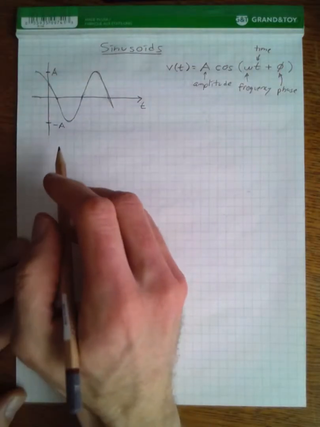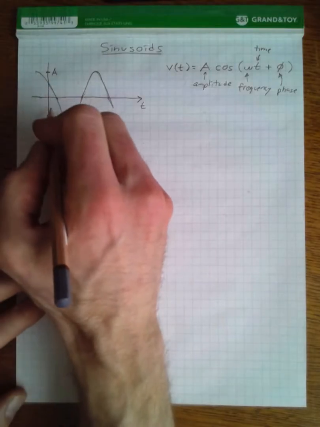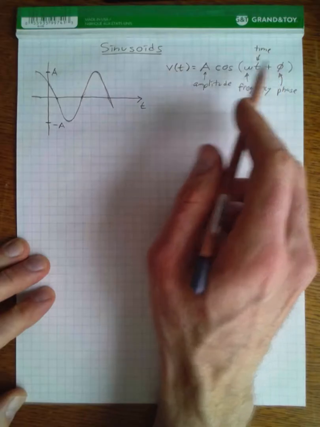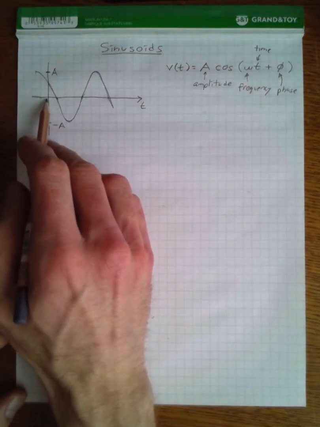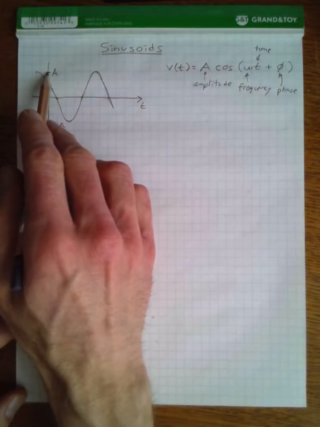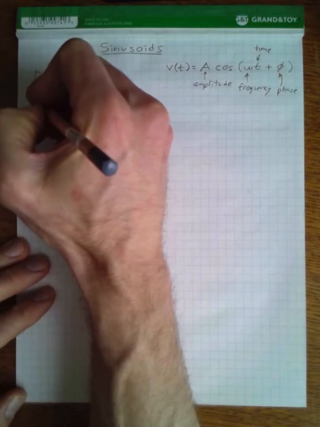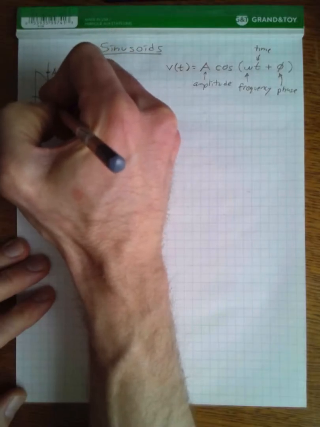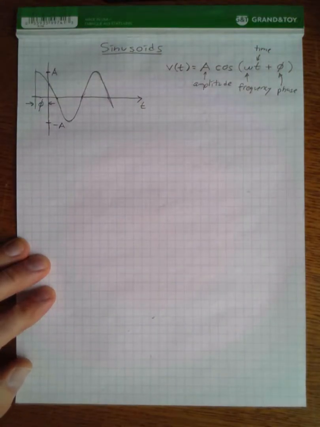And so if this phase was 0, and time was 0, then the cosine wave would be at its maximum. And so this shift is a result of the phase shift.